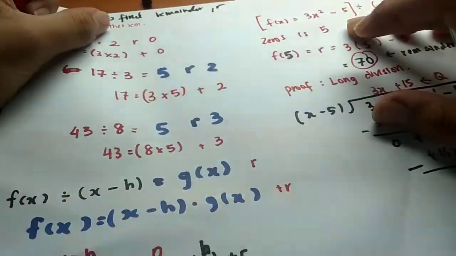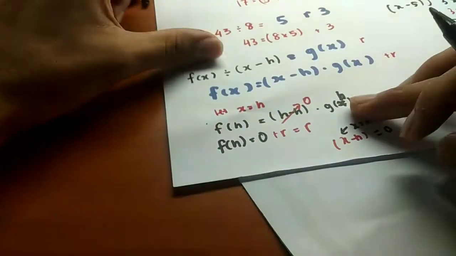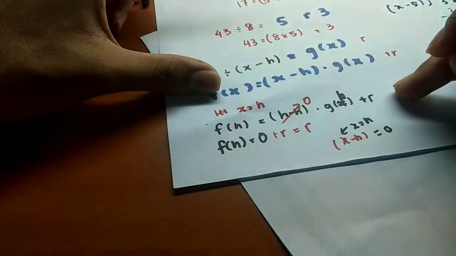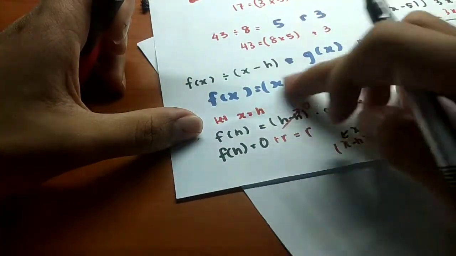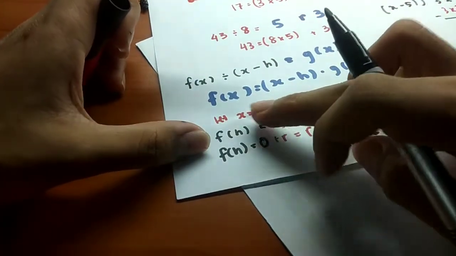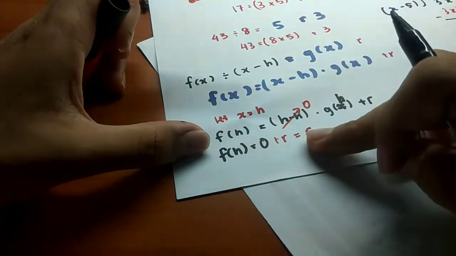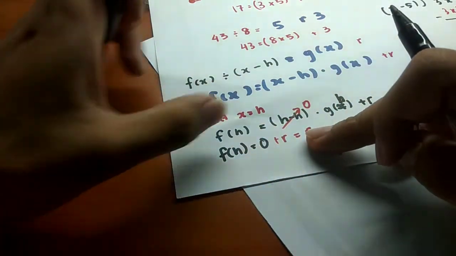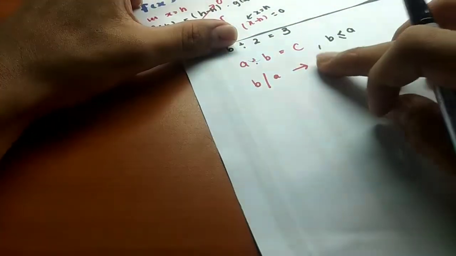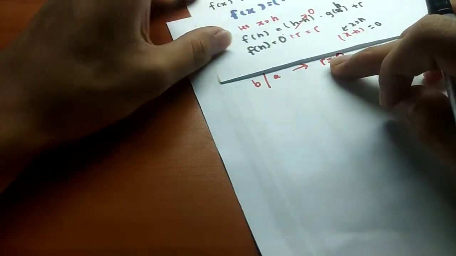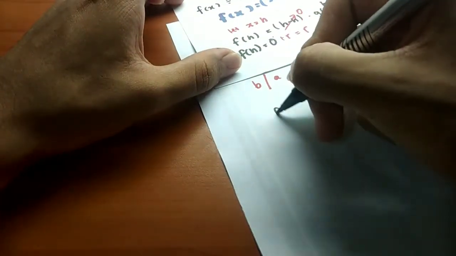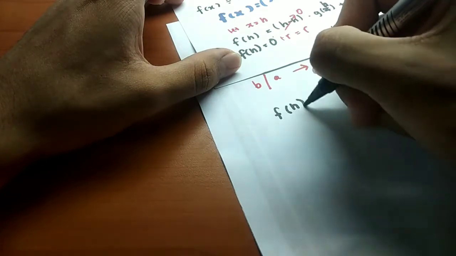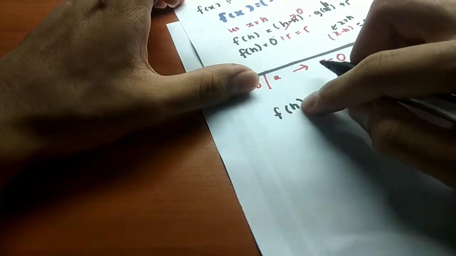So from the previous video, I have told you regarding this. So when we substitute any value or the zeros of the expression, for example h, f of h is equivalent to r, right? But I said here r is 0, so we can have the relationship as f of h when we substitute h can be anything.